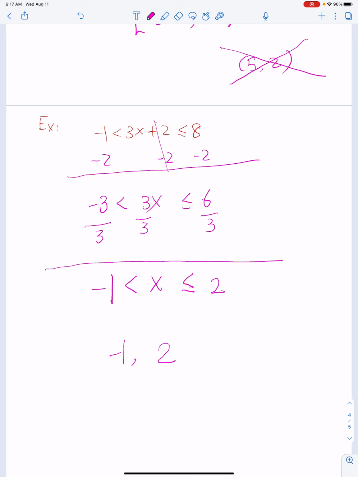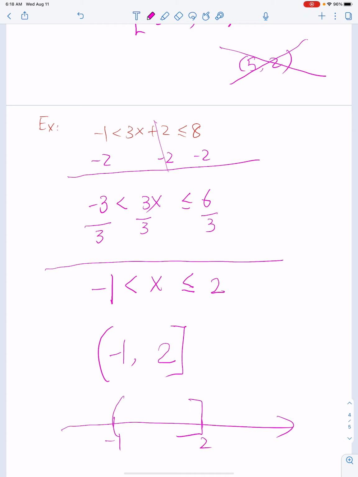And less than, no equal, parentheses, less than or equal to, you have equal bracket. Yeah, so interval notation. And for the graph notation is -1, 2. Yeah, so this is the first part of the linear inequality.